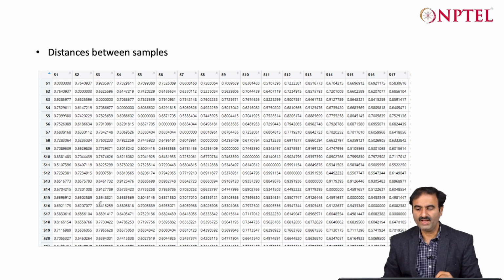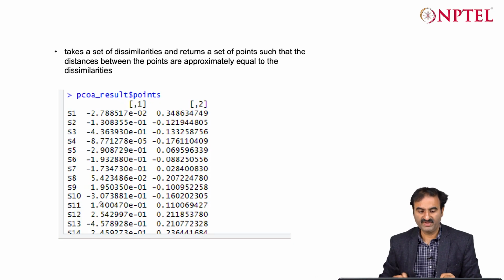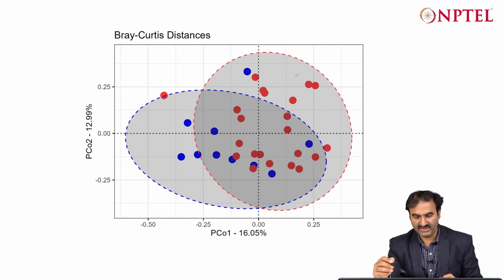For example, this is the distance between the samples, and then we calculate the dissimilarities and plot these using the PCA plot. So this is a PCA plot for, say, healthy and diseased. You can see there is a good overlap between the samples.